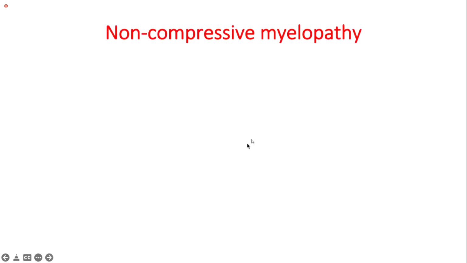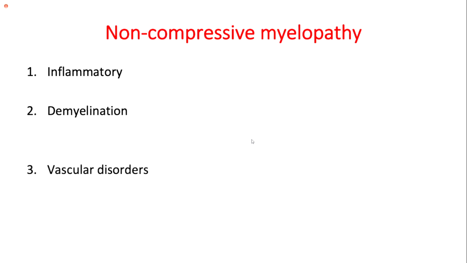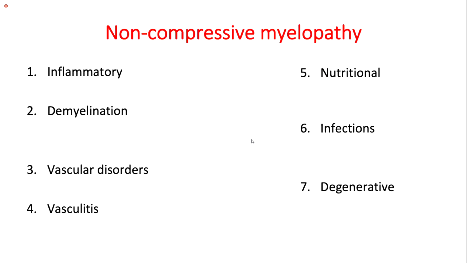Right, so how do we classify non-compressive myelopathy? There is a long list, but I have selected the ones that you need to know. And I have classified them based on their pathology. So one is inflammatory, 2 is demyelination, 3 vascular disorders, 4 vasculitis, 5 nutritional, infections, and degenerative.